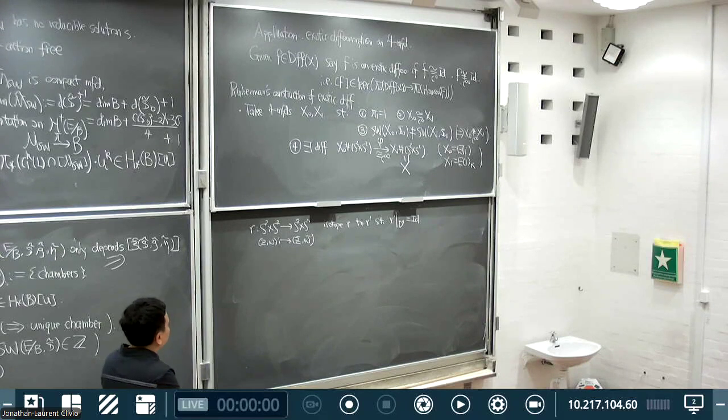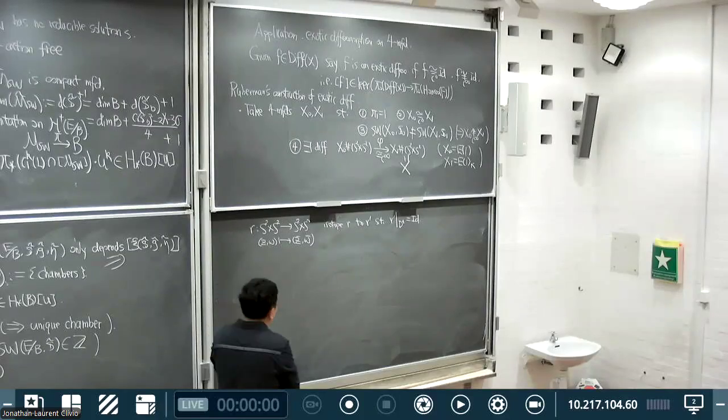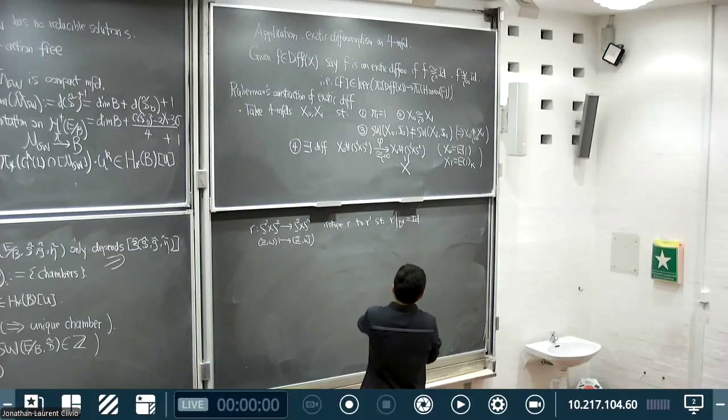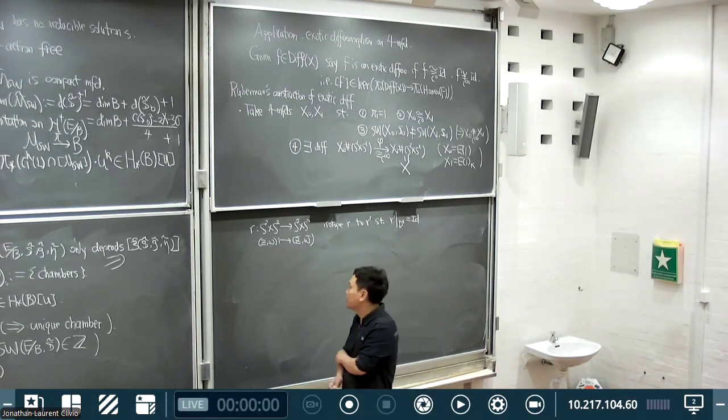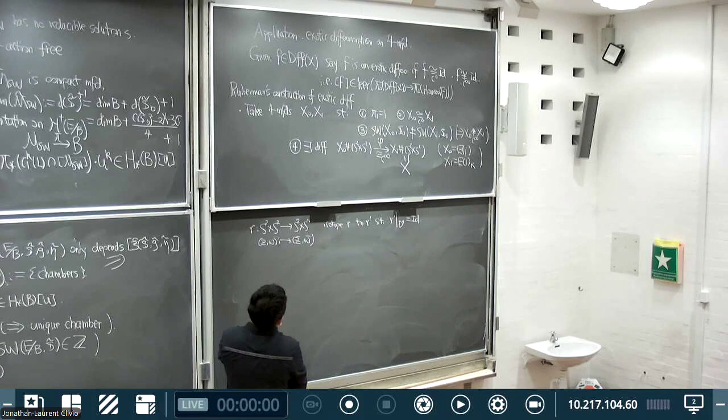So you can isotope it a little bit so that it becomes a diffeomorphism which fixes a four-ball. Okay. No longer is it an involution, but that's fine. It's just a diffeomorphism. Then what do we do?